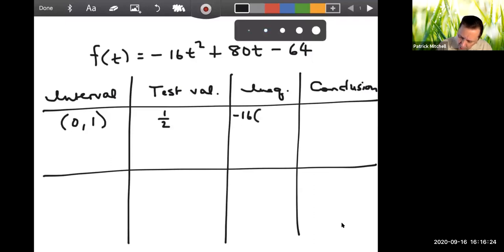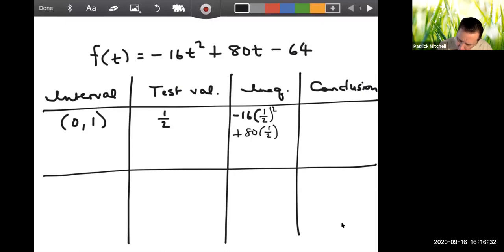Okay, so negative 16 times 1/2 squared plus 80 times 1/2 minus 64. Okay, let's do some quick math here. 1/2 squared is 1/4. 1/4 times negative 16 is negative 4. 80 times 1/2 is 40 minus 64.